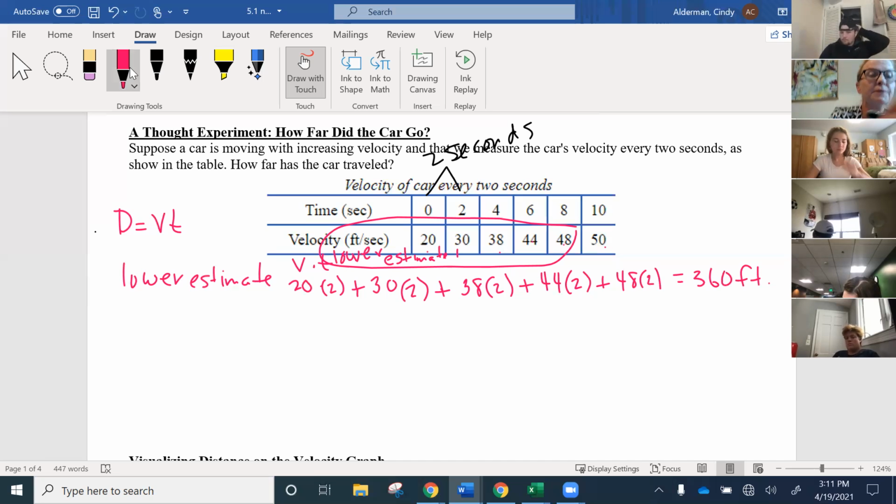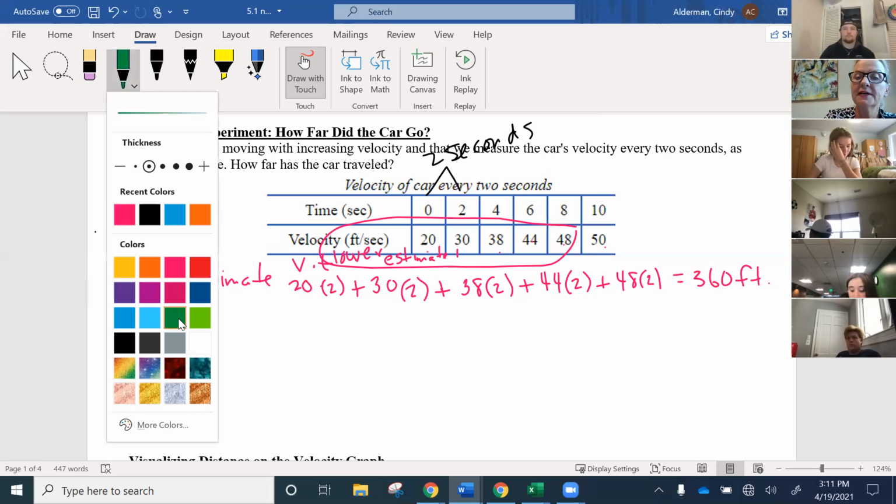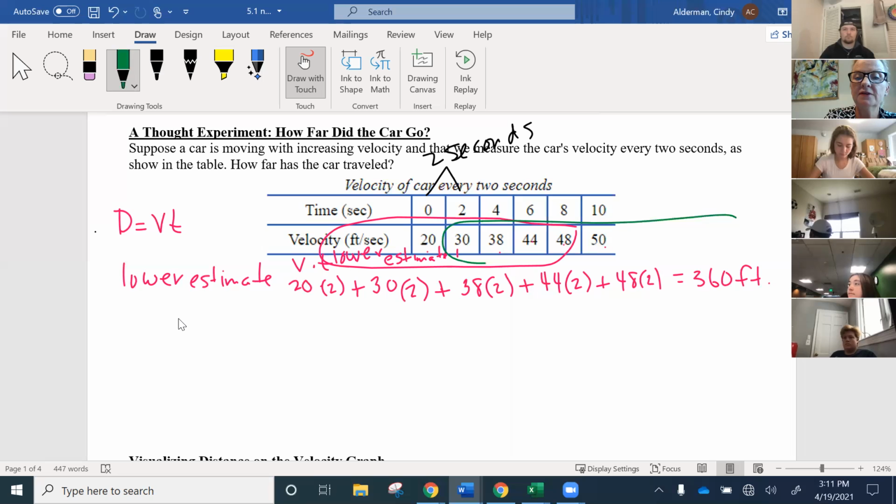Now to find the upper estimate, you're going to use the upper levels here. So you wouldn't start out with the first number. Instead, you're going to start out with 30 here. So this is your upper estimate. And do the same thing.